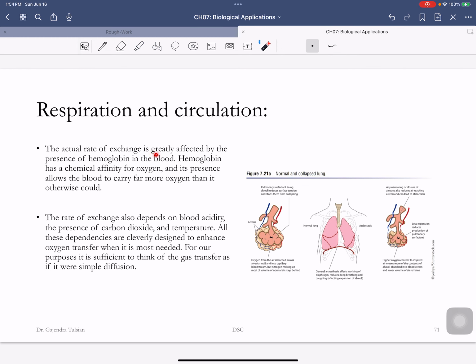The actual rate of exchange is greatly affected by the presence of hemoglobin in the blood. Hemoglobin has an affinity for oxygen, and its presence allows blood to carry far more oxygen than it could otherwise. The rate of exchange also depends on blood acidity, the presence of carbon dioxide, and temperature.